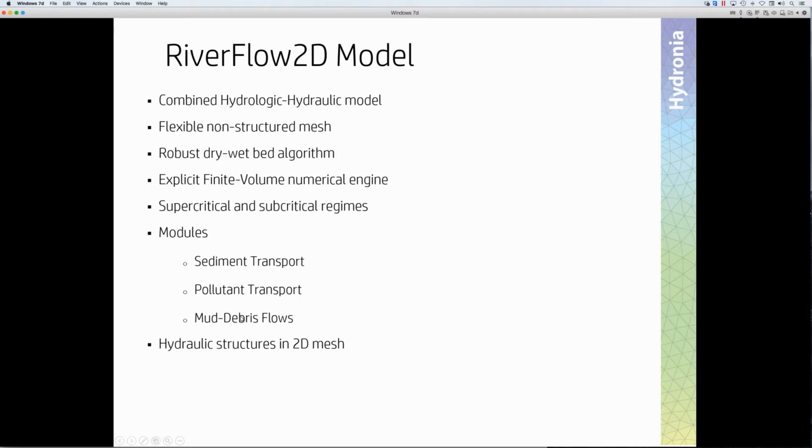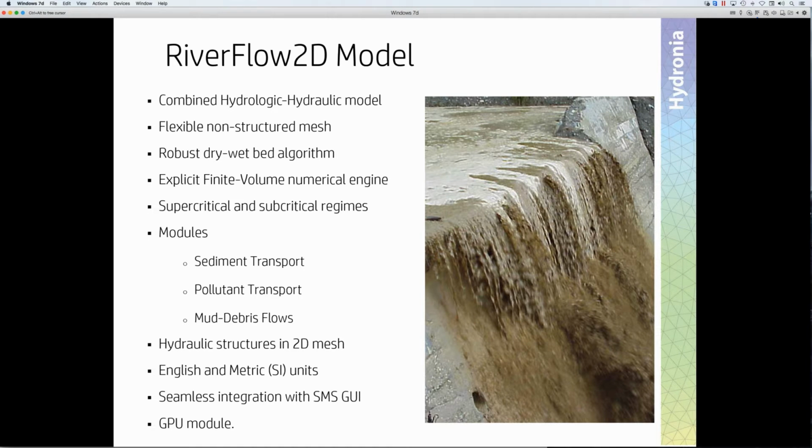It can do hydraulic structures in 2D, including bridges, gates, weirs, and several other structures. And also, the model can work in English and metric units. It's integrated with the SMS graphical user interface, as we will see in a few minutes. And it has a GPU module that can run many times faster than the standard version.